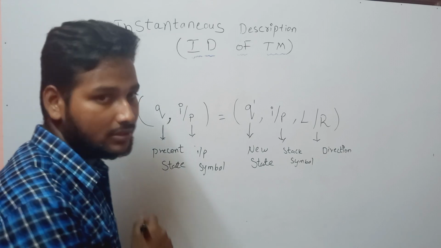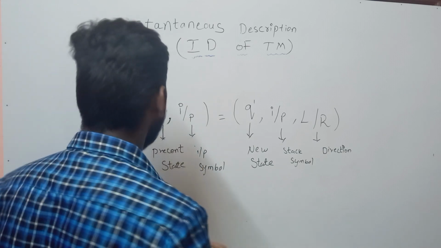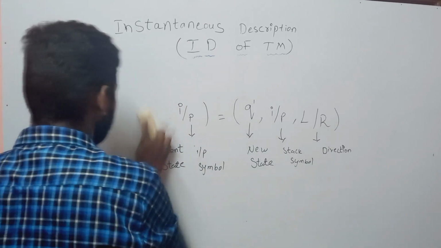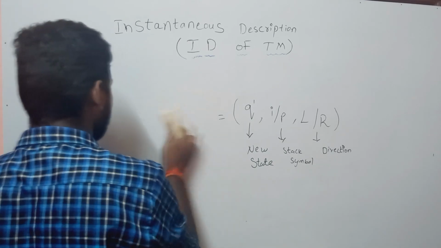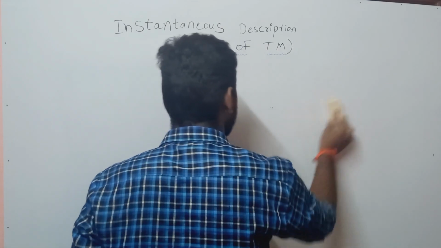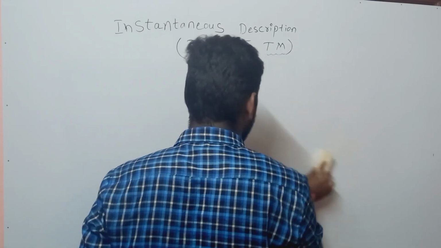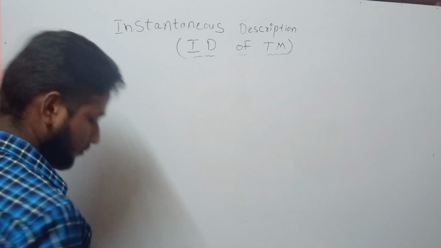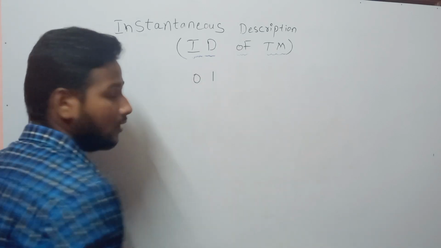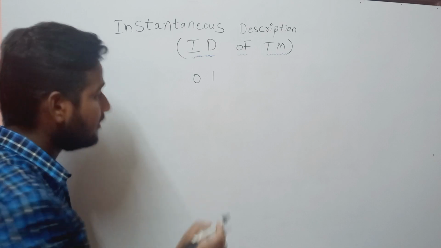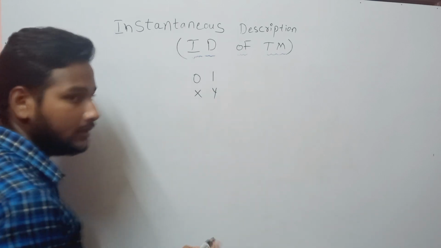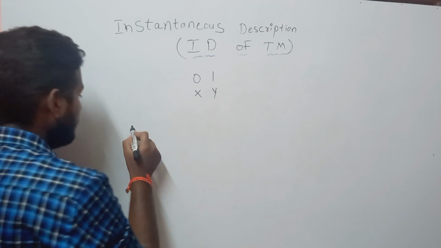Let us see a small example on this idea of the Turing machine. Consider a string 0 1, and we change this 0 as X and 1 as Y. Let us construct a Turing machine.